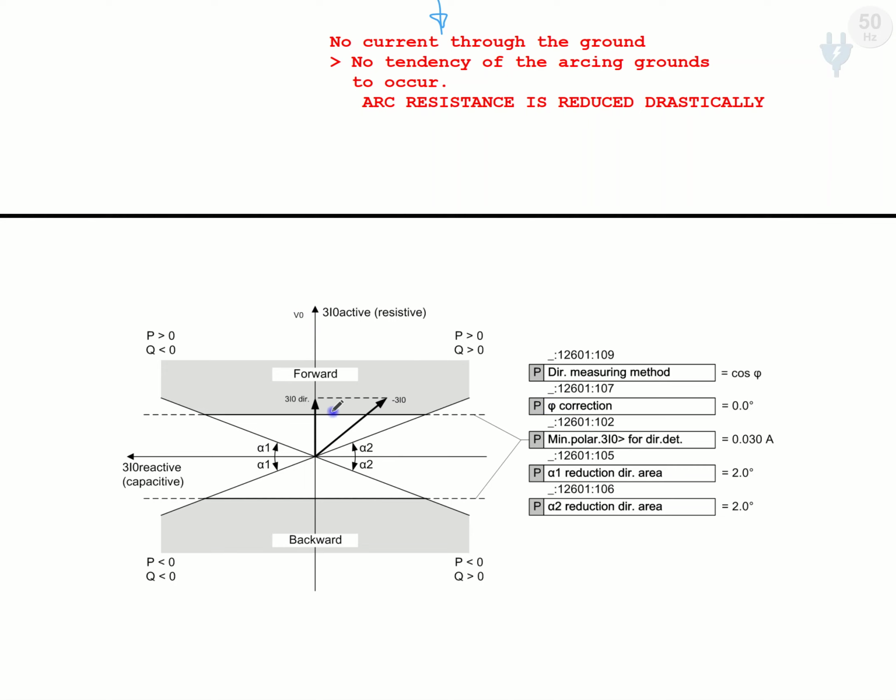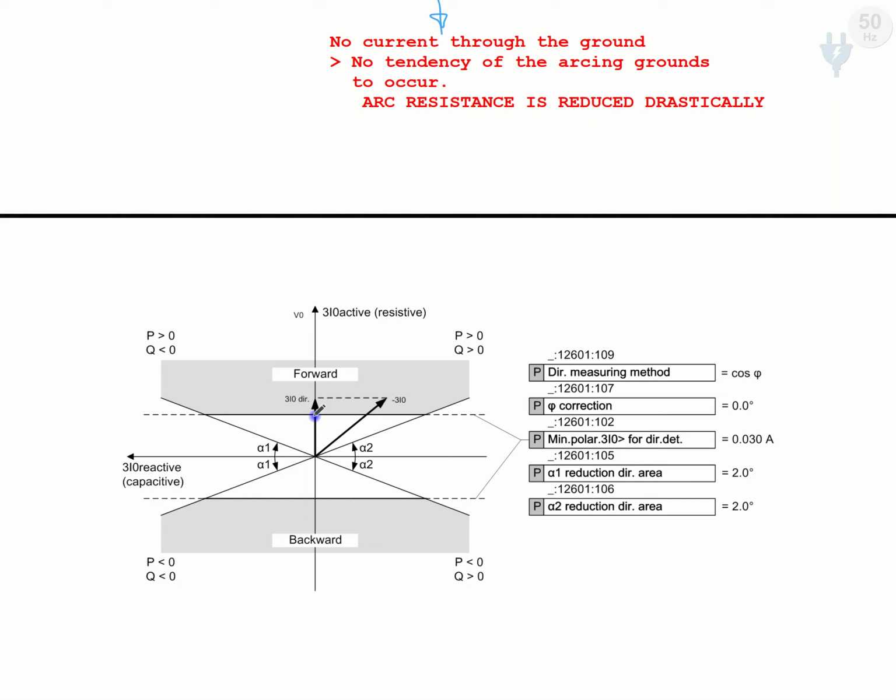And our correction angle is 0 because this one should be our symmetrical line. This should be our symmetrical axis, because the part of the current which is perpendicular to the symmetrical axis is decisive. That part is going to be used during the analysis of the system and for fault detection.